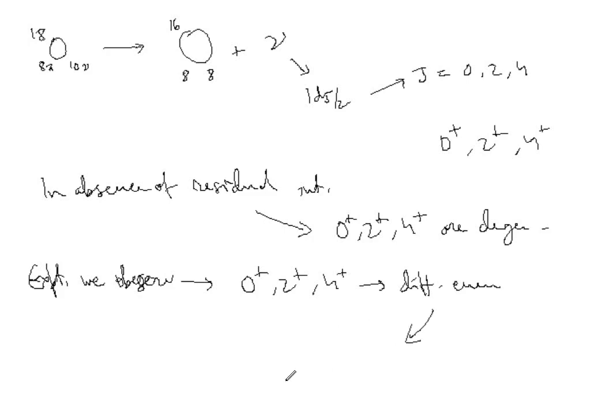So this means that they tell us about the presence of residual interaction. It is basically the residual interaction which is not causing them to be degenerate. Okay. So let us now consider the residual interaction.